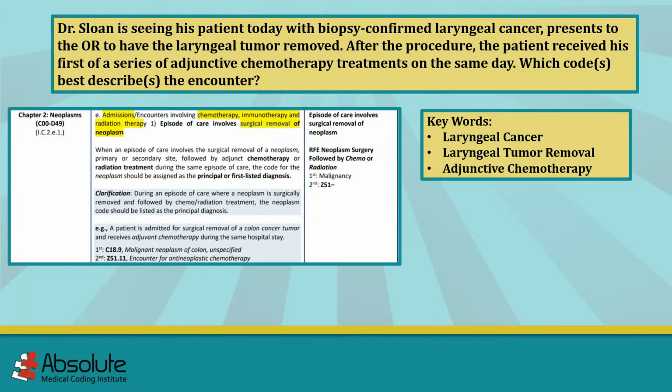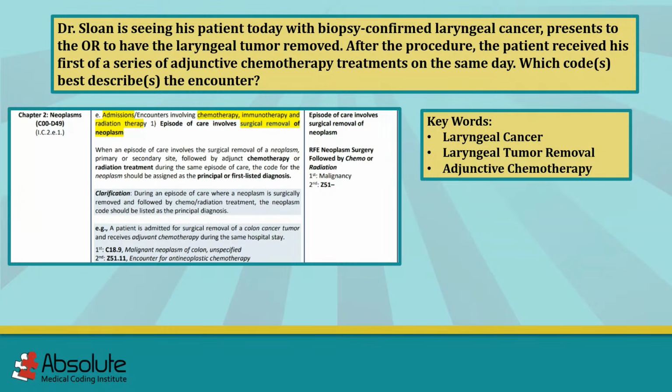And right here, it says same episode of care. That is why I said that we should focus on the same day, because you're getting your tumor removed and you're getting the chemo on the same day. That's why we're using this guideline.